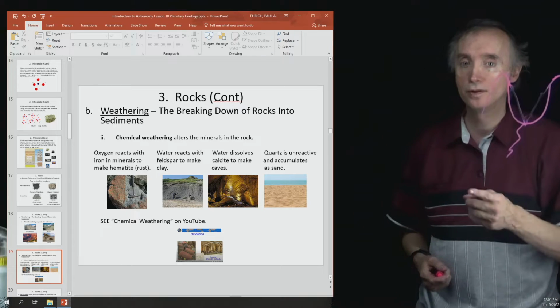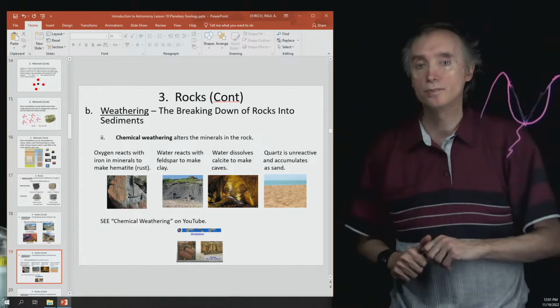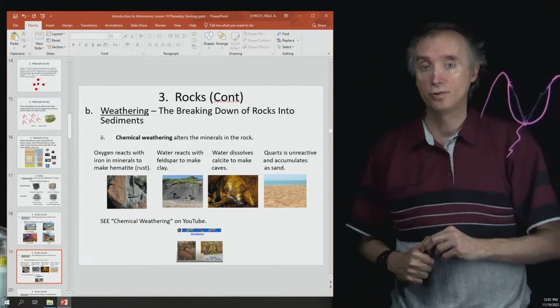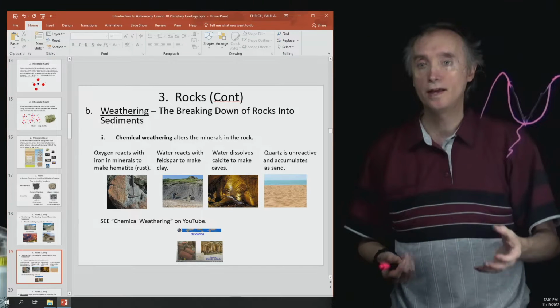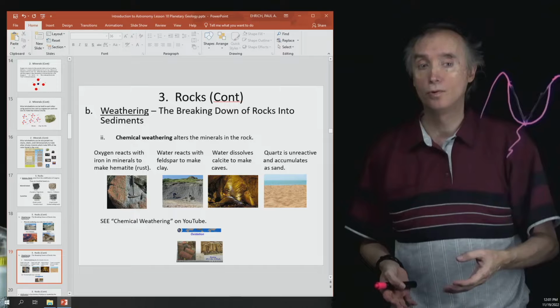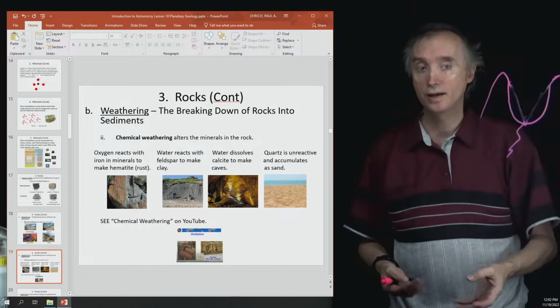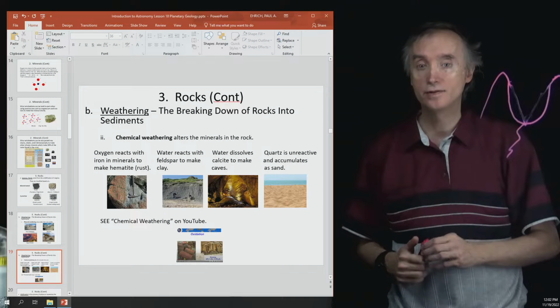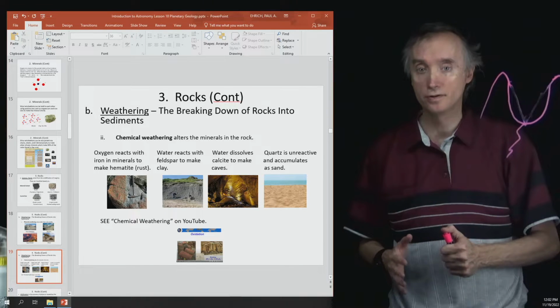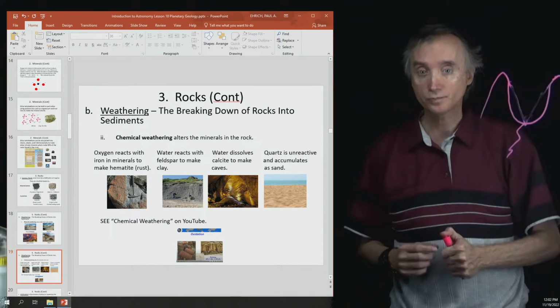The first one there is going to be rust. Whenever oxygen interacts with any rock that has iron or other metals, it can rust the metals in it, and that is going to fundamentally alter that rock.